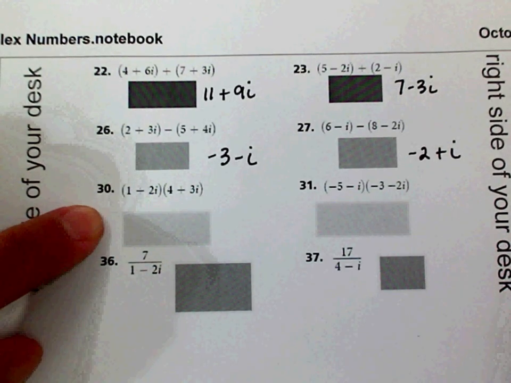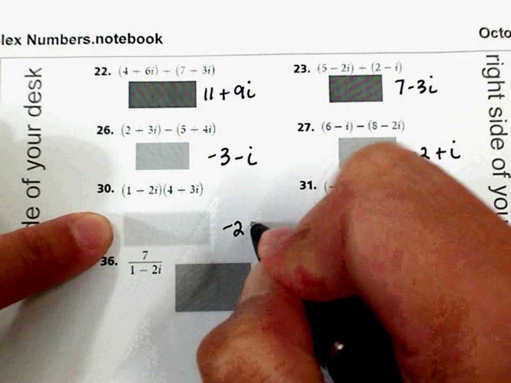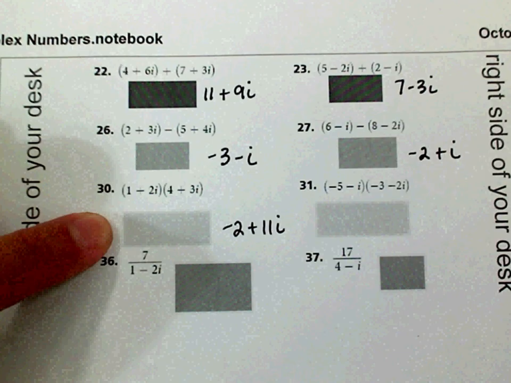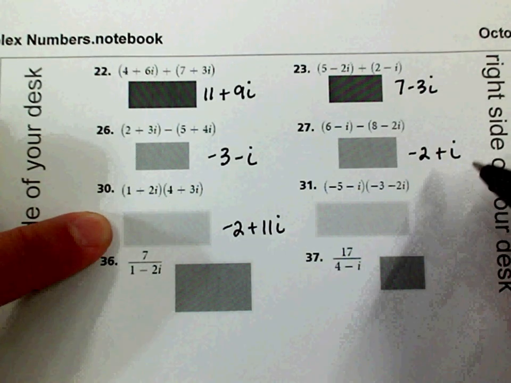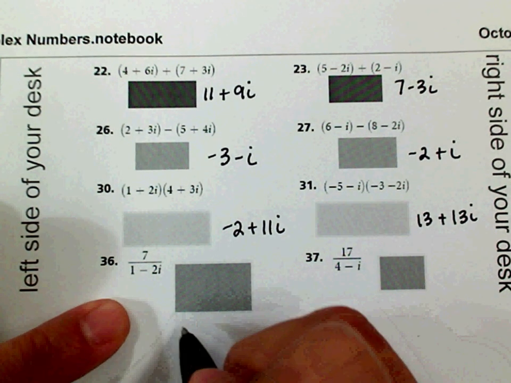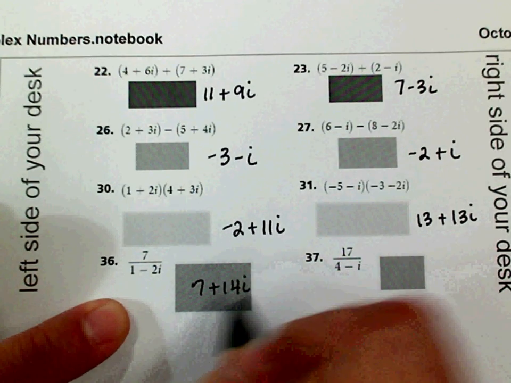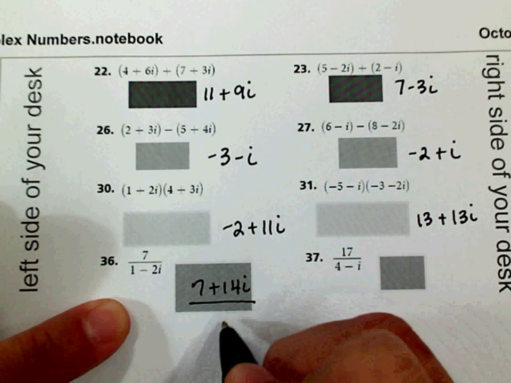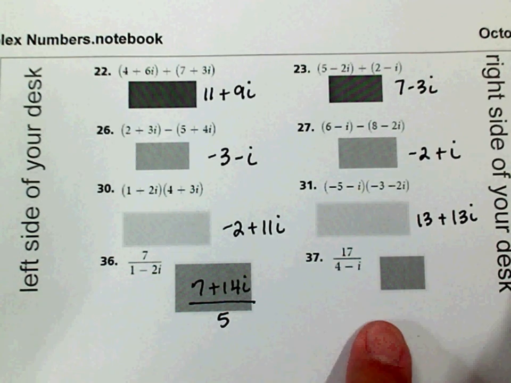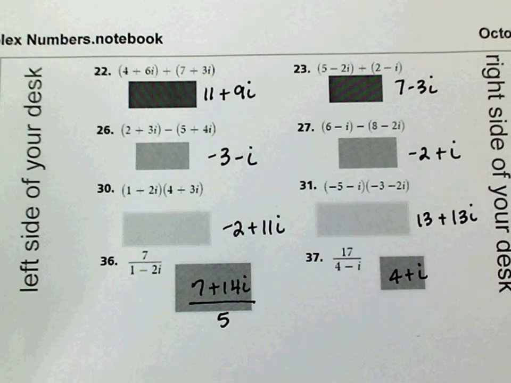Just make sure you guys know how to do it. Number 30 is negative 2 plus 11i. Number 31, 13 plus 13i. Number 36, the answer is (7 plus 14i) divided by 5. 37 is 4 plus i. All right. Always make sure you simplify your answers. Okay? There you go.